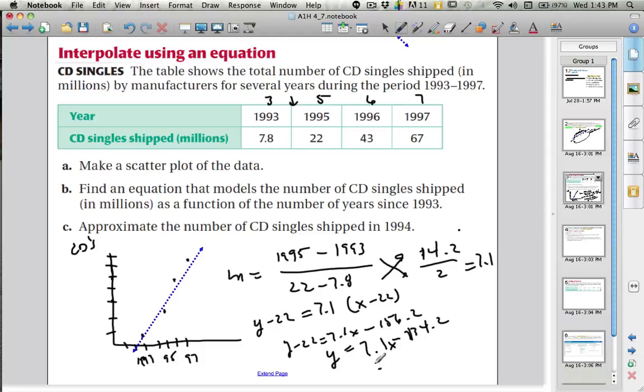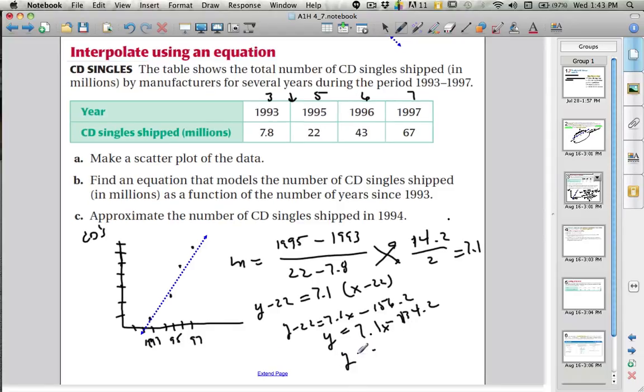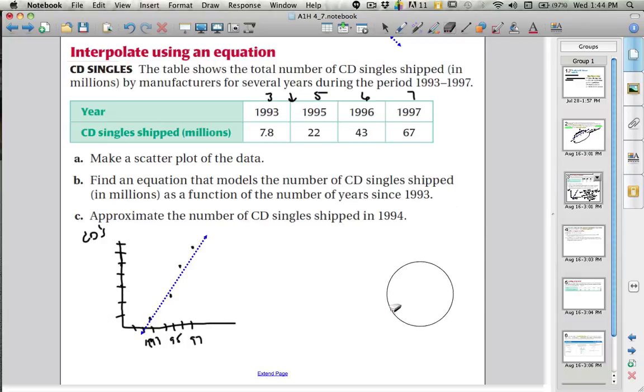Now, if we want to evaluate this for 1994, y is equal to 7.1 times 4. Oh, my mistake. Start over.